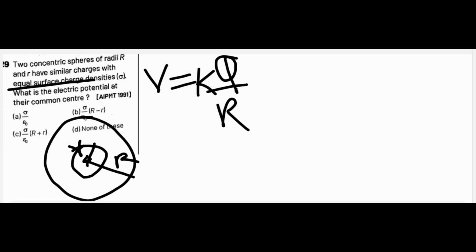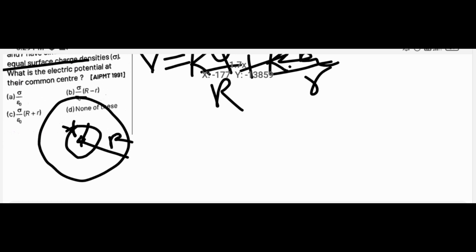To find the potential of the two concentric spheres, we have to add: V is equal to K into charge Q divided by the radius capital R for the bigger sphere, and added to that K into the charge of the smaller sphere divided by small r. After calculation we will get this answer as sigma by epsilon naught into (R plus r).